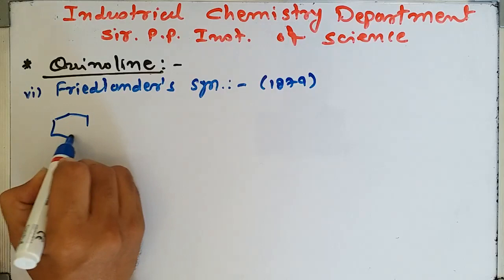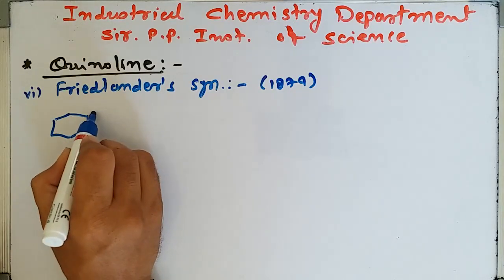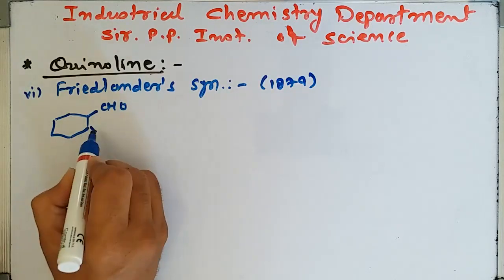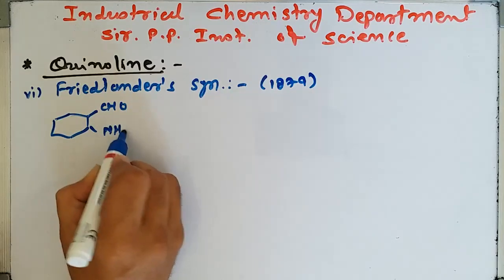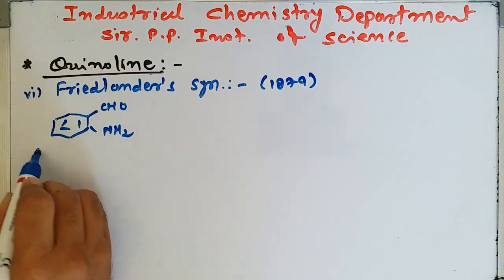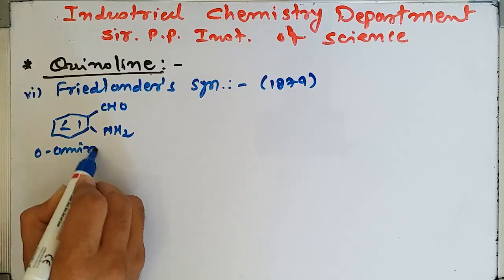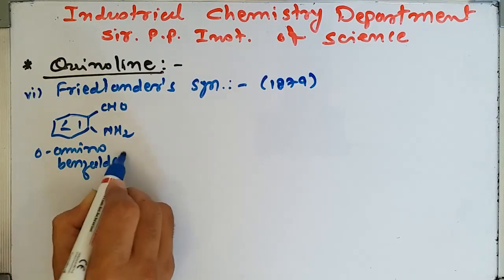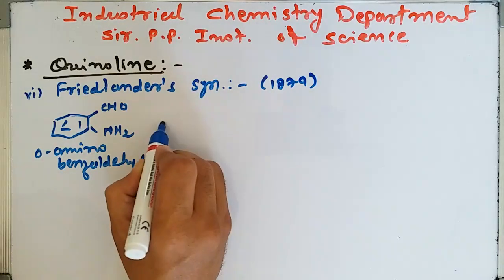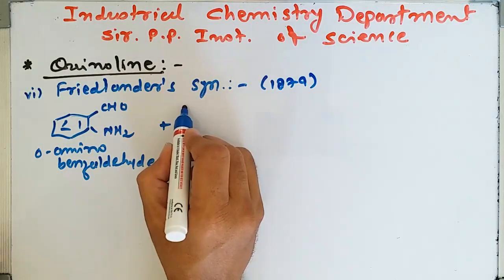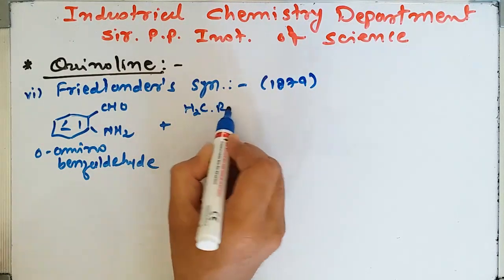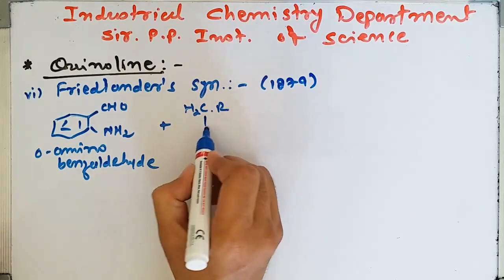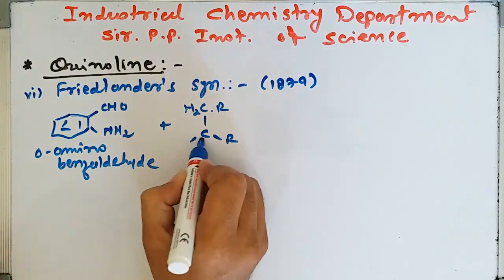Orthoaminobenzaldehyde. This is CHO and NH2. So orthoaminobenzaldehyde is treated with an aldehyde or ketonic material.